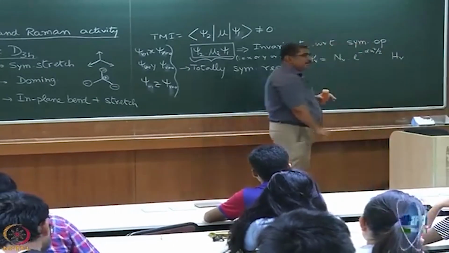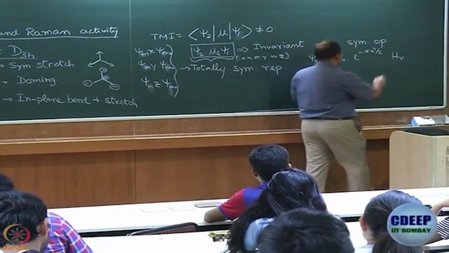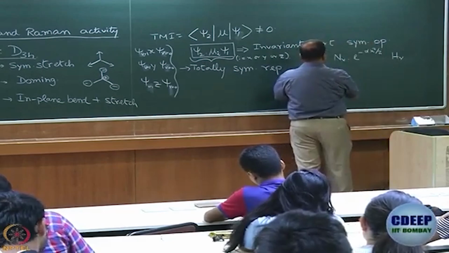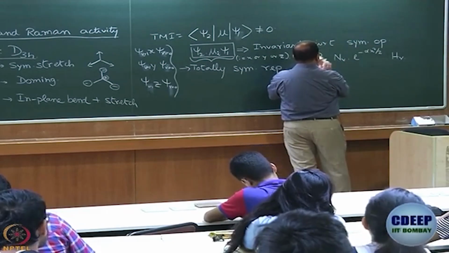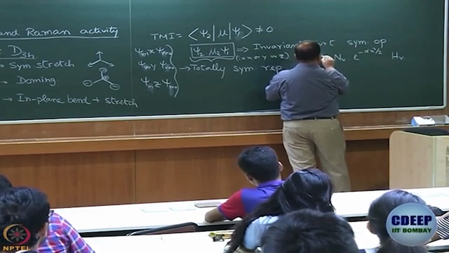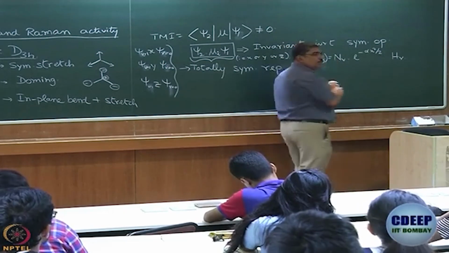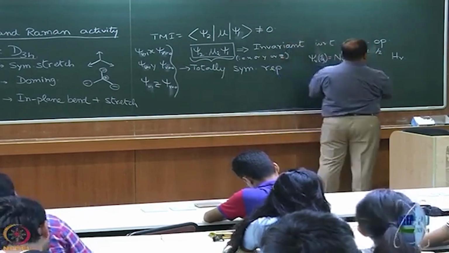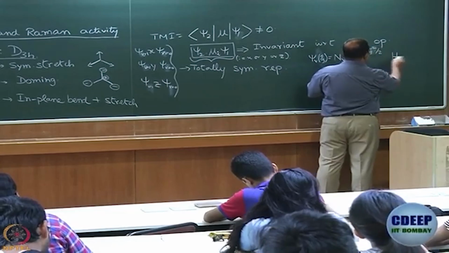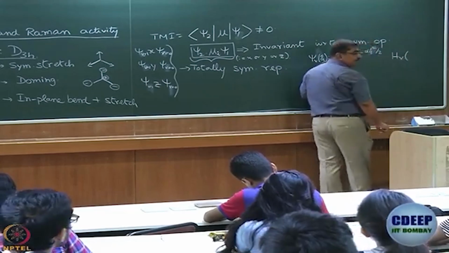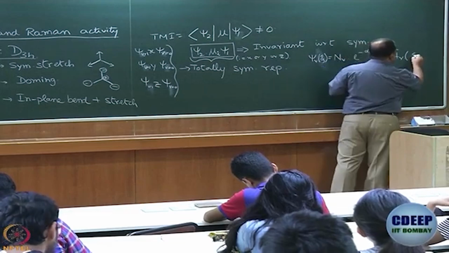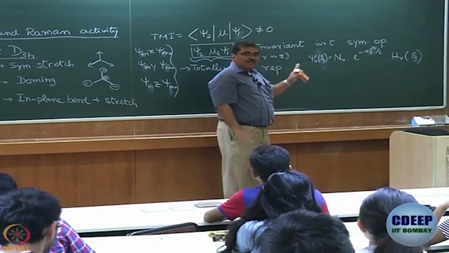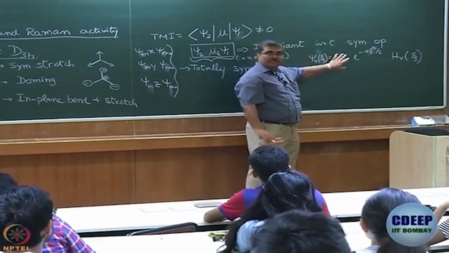Hermite polynomial. Yes, Hermite polynomial of x. So, if we are writing psi v in x, better write xi, because we are talking about normal modes. So, instead of x, let us write xi square by 2 H V in xi. Actually, it is xi multiplied by a constant, but xi will work. Okay. So, this is a constant, we do not have to worry.